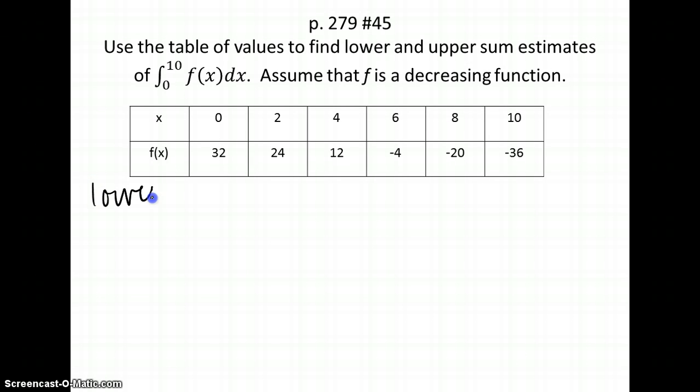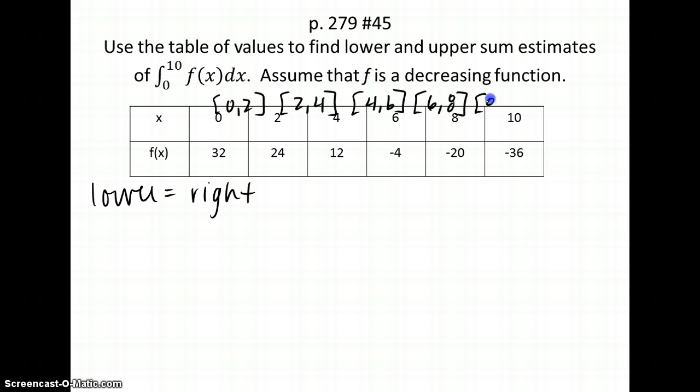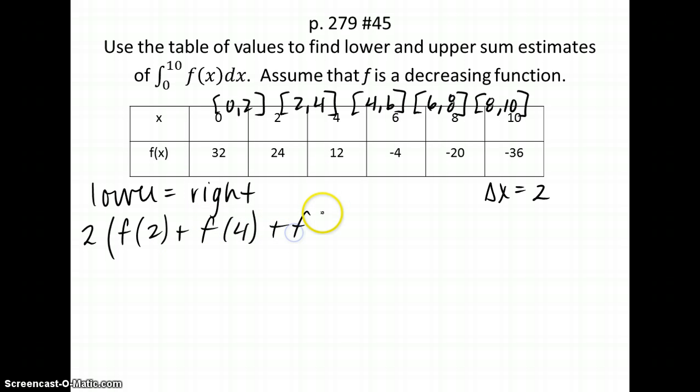The lower sum will come from the right endpoints, so the intervals 0 to 2, 2 to 4, through 8 to 10. Delta x is still equal to 2 units, so 2. Now we start at f of a plus delta x: f of 2, f of 4, f of 6, f of 8, and then f of 10.